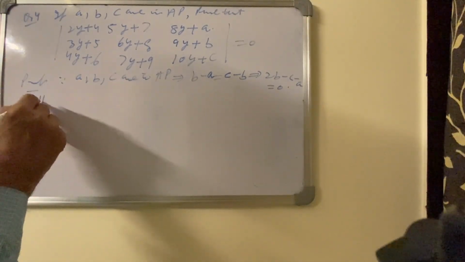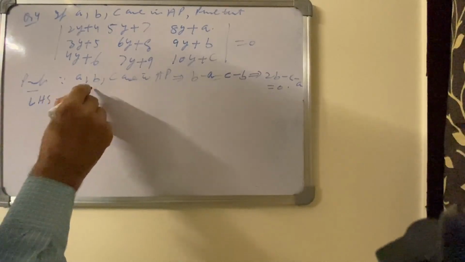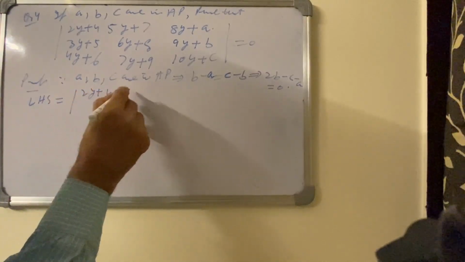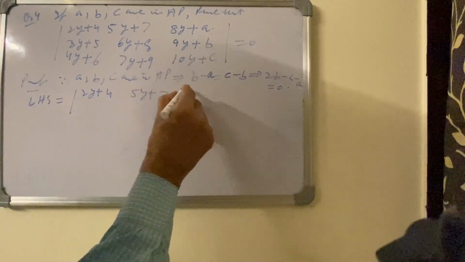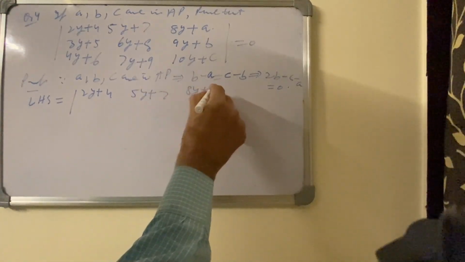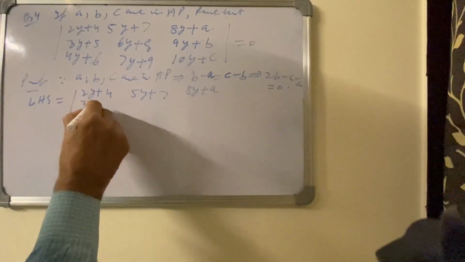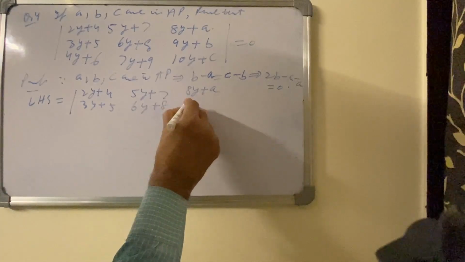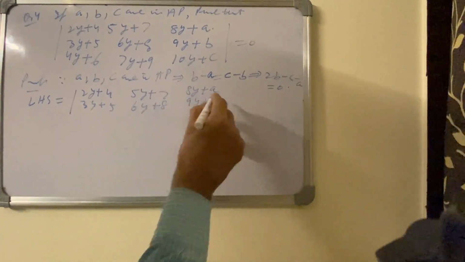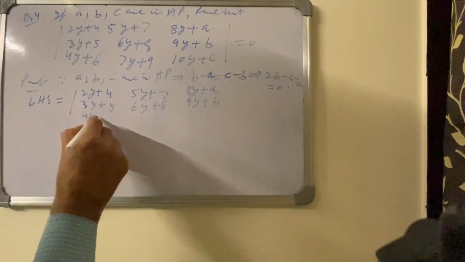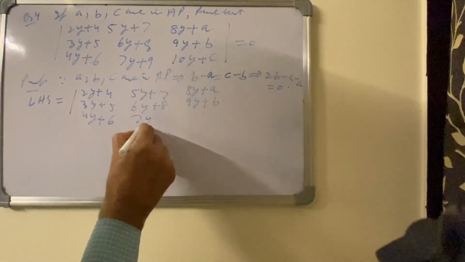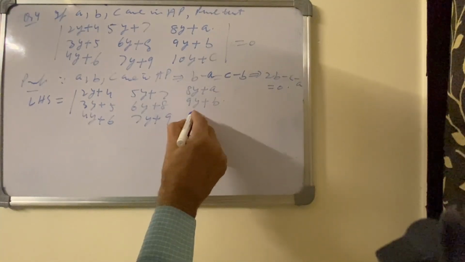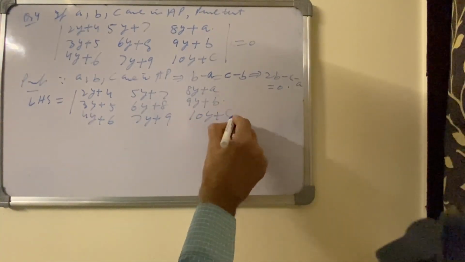Then left hand side, 2y plus 4, 5y plus 7, 8y plus a, then 3y plus 5, 6y plus 8, 9y plus b, then 4y plus 6, 7y plus 9, 10y plus c.